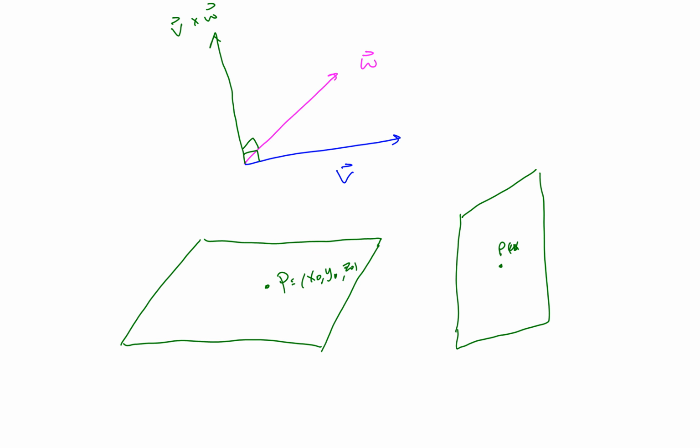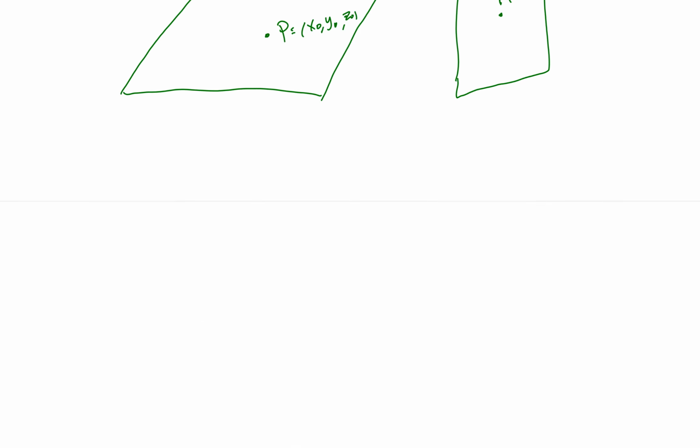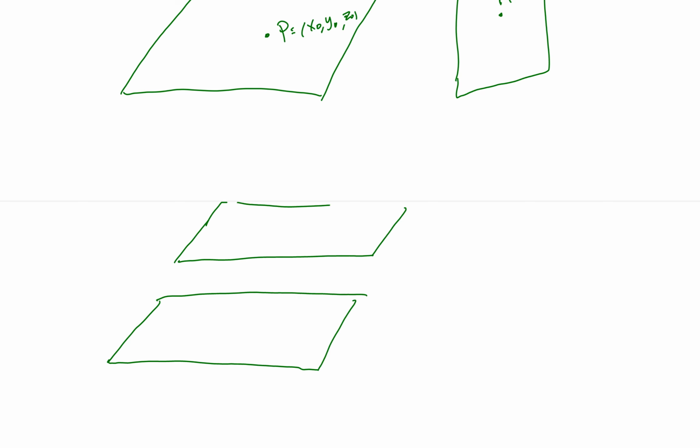And similarly, if I know what it's facing, I could shift it up and down. So what we really need are 2 things. I need to know the direction of it, which I can think of as having a normal vector telling me what direction it's facing. And then I need a point to tell me where it is in space.